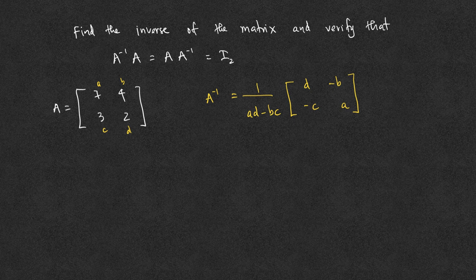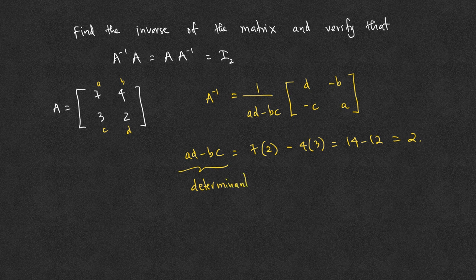The quantity AD minus BC is therefore 7 times 2 minus 4 times 3, and this is 14 minus 12, which is 2. This has a name. This quantity for a 2 by 2 matrix is called the determinant.